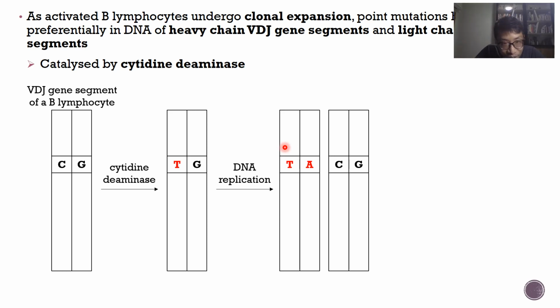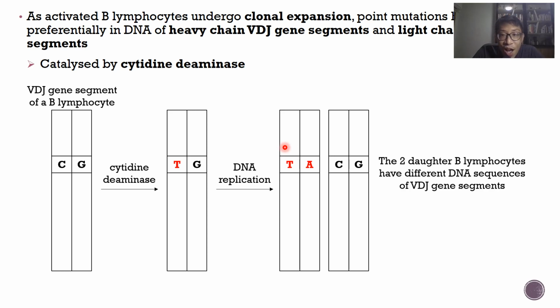So after clonal expansion, you will have a group of B cells that may differ a little in their VDJ or VJ gene segments, coding for the heavy chain and the light chain variable domains.